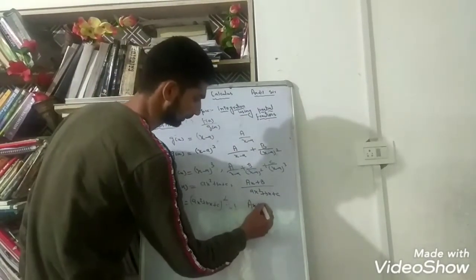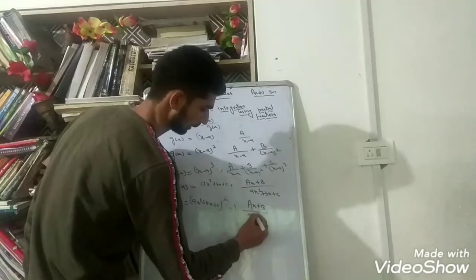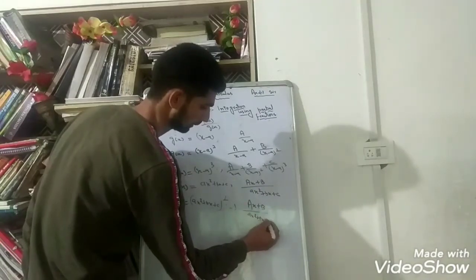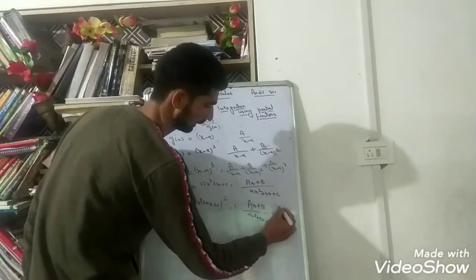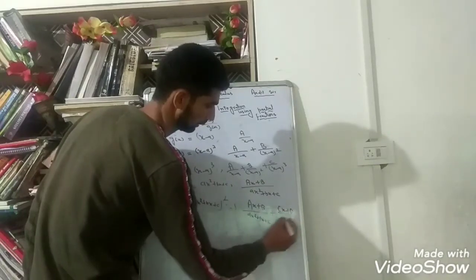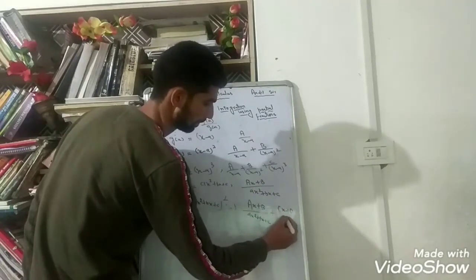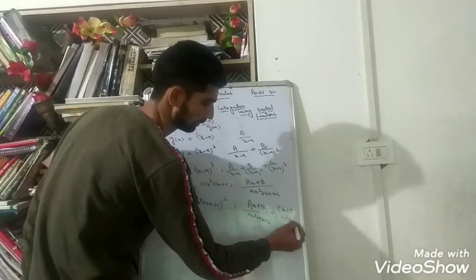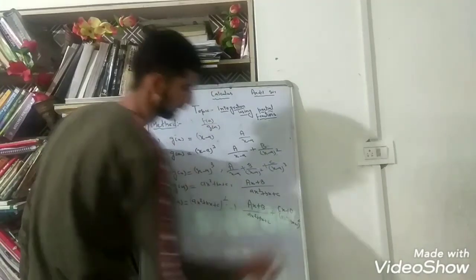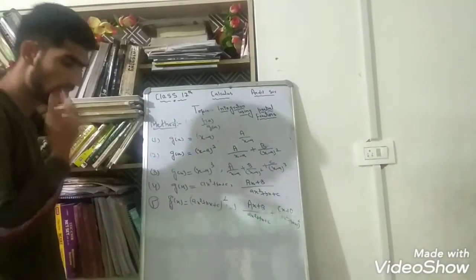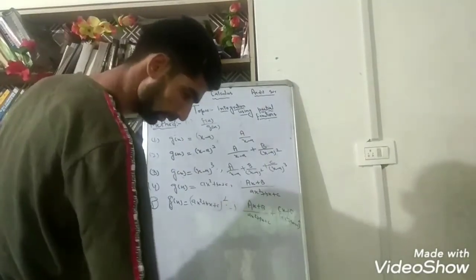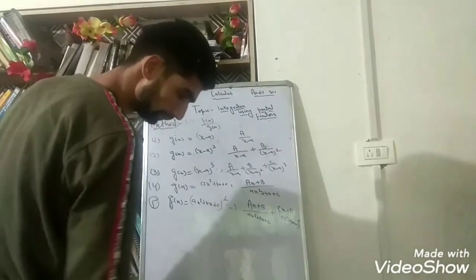Ax plus B divided by ax square plus bx plus c, plus Cx plus D divided by the whole square of the same. These are the simple things that you have to remember.